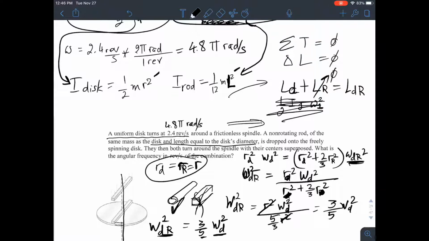And if you get rid of the squares and you look at that, then you will end up with W squared. Let's see how to do this. You could start substituting. We have 4.8 pi radians, right? So we can put that in here. What is 3/5 of 4.8 pi, squared, and then square root the whole thing.